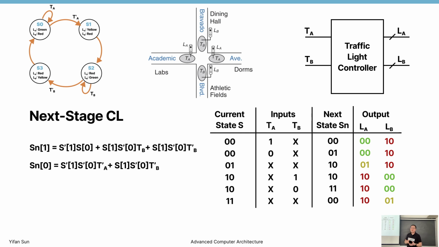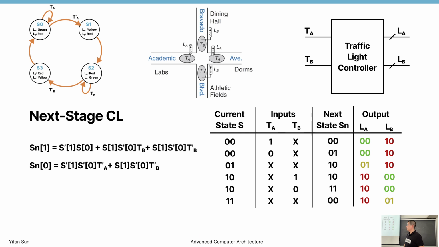We don't really have to design a big combinational logic circuit that considers 4 inputs and 4 outputs. We can split it into 2 parts. One part is using these 4 bits as input to calculate the next state.